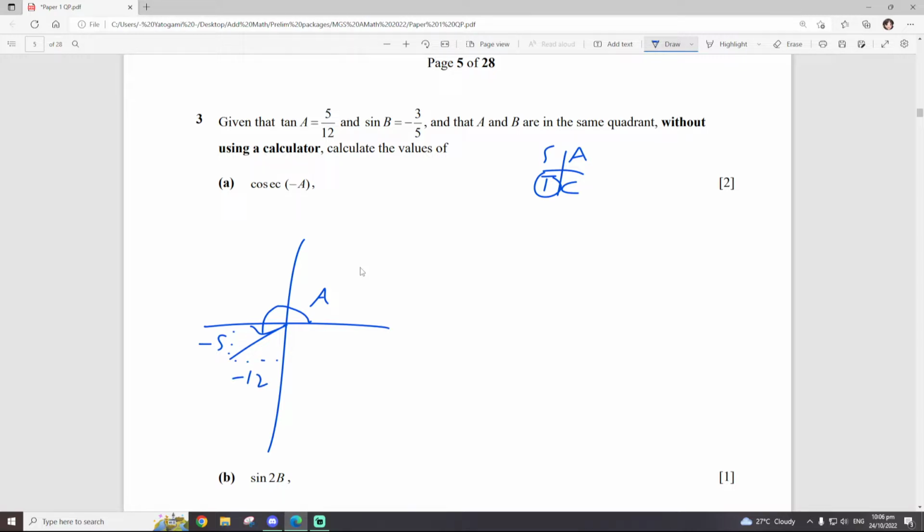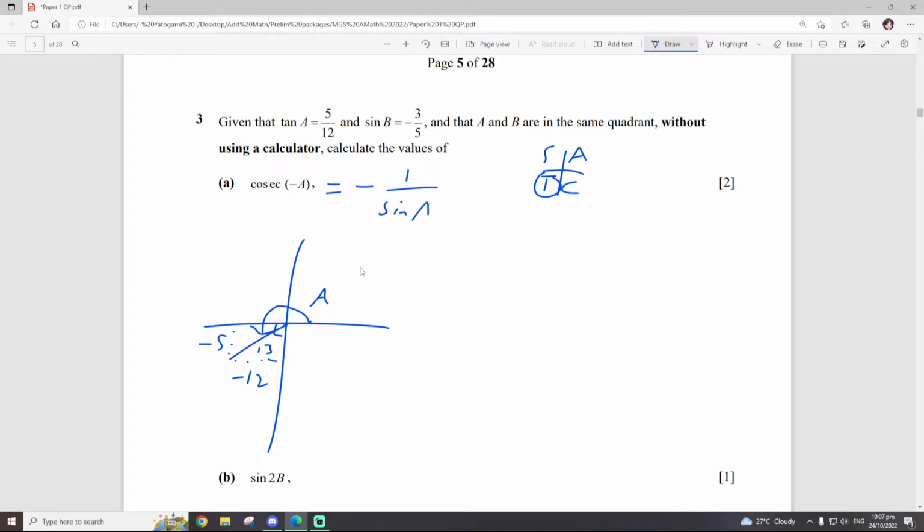And the hypotenuse, it's a right angle triangle, so actually I should draw the right angle on the side where the pole is. So that will be here. Okay, so this one is 13, right? So cosecant negative A. Remember that this is equal to negative 1 over sine A.